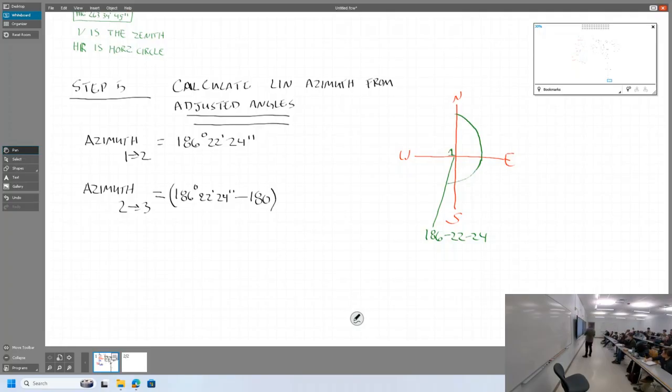The next portion is, because we use the exterior angles to turn right, we're going to calculate the exterior angle based on the interior adjusted angle. So that's going to be the constant of 360 minus our adjusted interior angle of 96 degrees, 1 minute, 28 seconds.